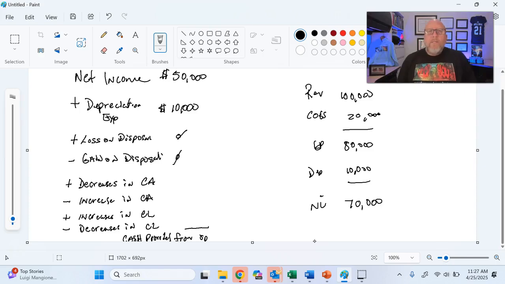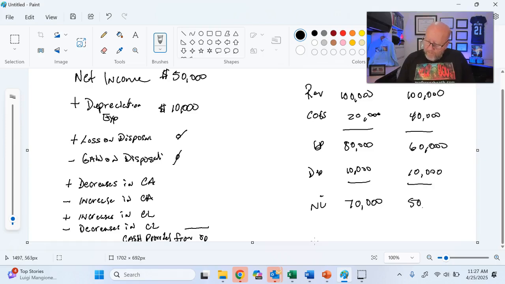Okay, here's the deal. Sorry, I messed it up. 100 minus 40, bear with me, gives me 60. Then I have depreciation of 10,000, which gives me net income of 50. This I messed up, so ignore that.